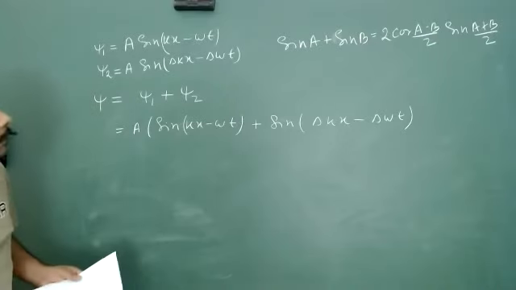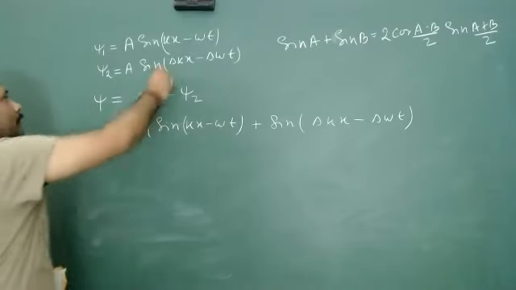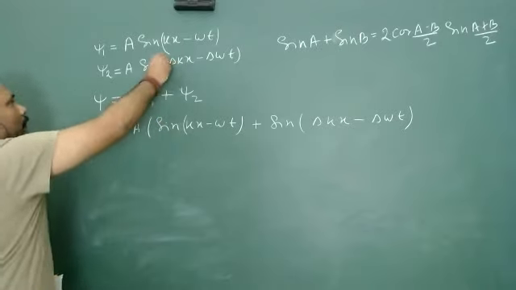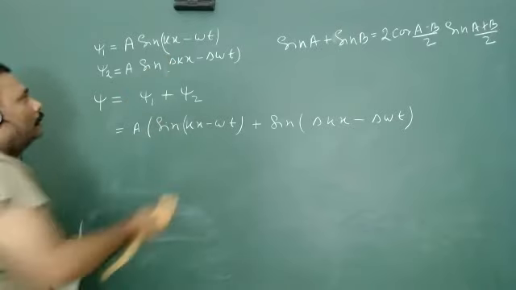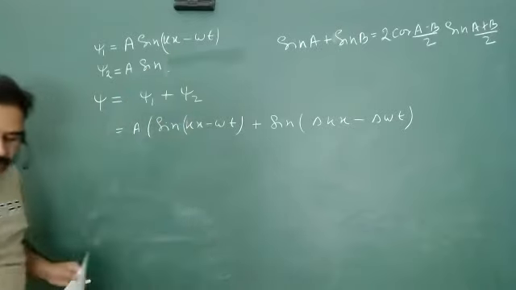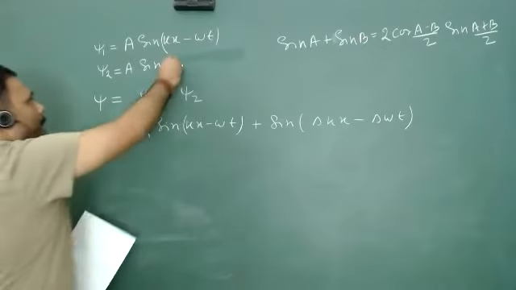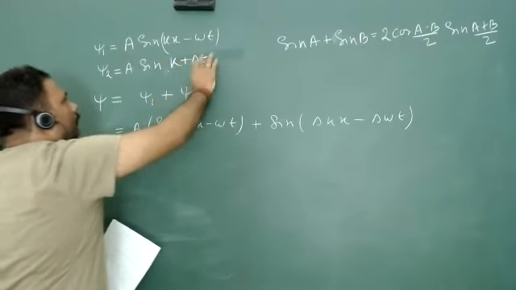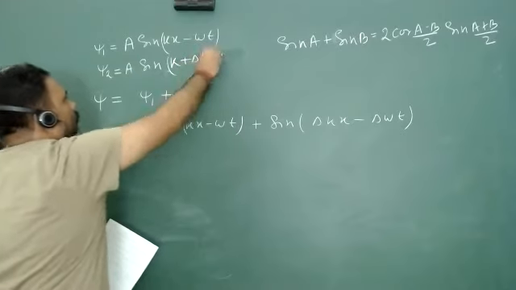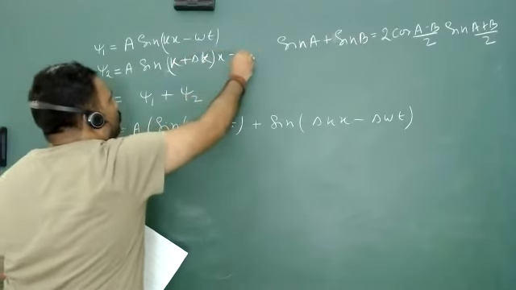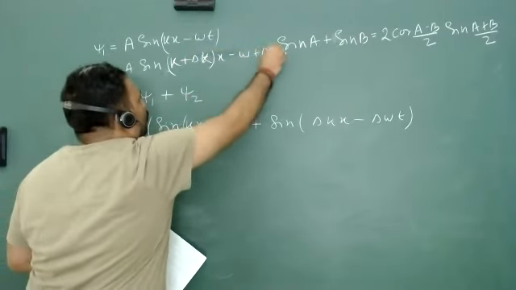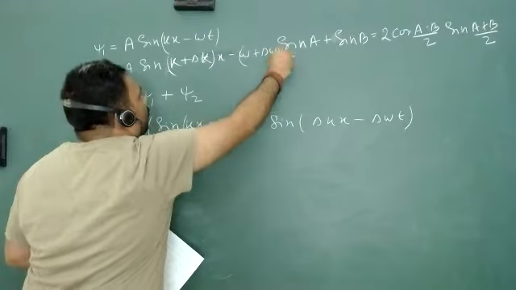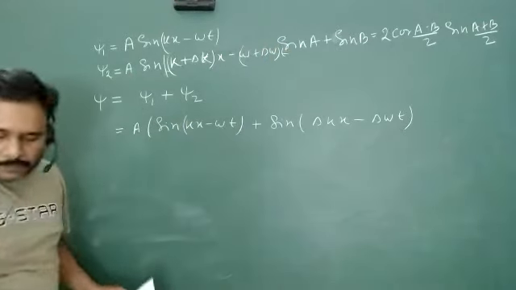Sorry, not delta kx, this will be k plus delta k. So a little bit different: (k plus delta k)x minus (omega plus delta omega)t.